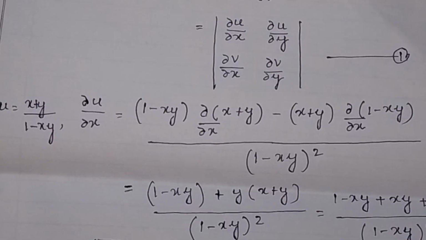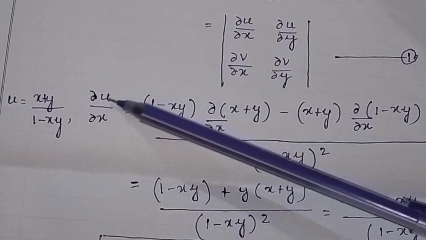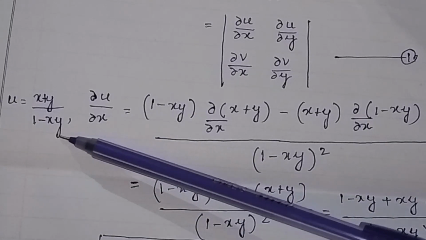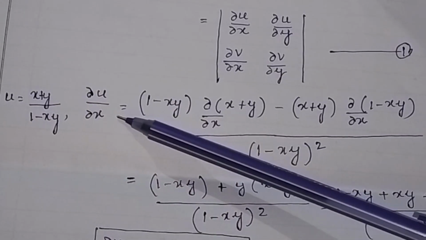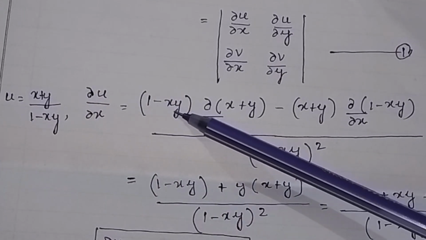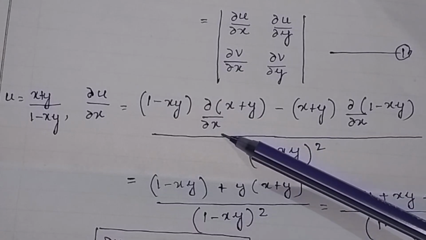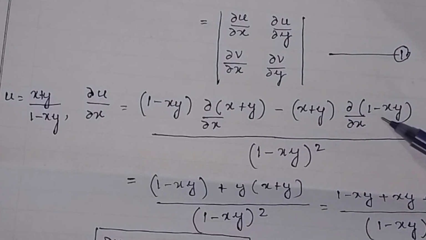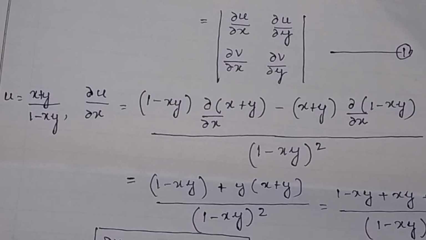It is given that u equal to (x plus y) divided by (1 minus xy). So the partial derivative of u with respect to x will be equal to, it is a division function, so applying the division rule, that is (1 minus xy) into the partial derivative of (x plus y) with respect to x, minus (x plus y) into the partial derivative of (1 minus xy) with respect to x, divided by (1 minus xy) whole square.